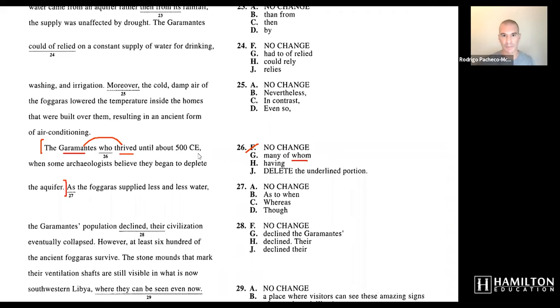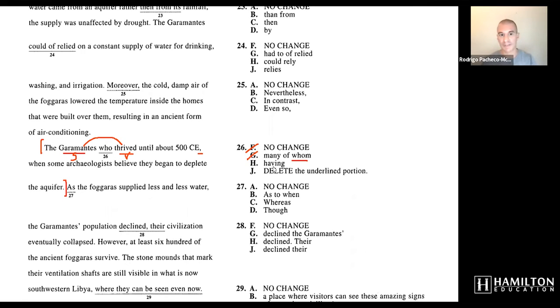But as we already mentioned, what we have here is an independent clause, subject and verb. So a relative pronoun is not needed. And H, having. This is not a pronoun. This also does not give us a verb.